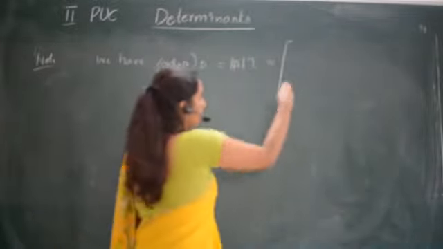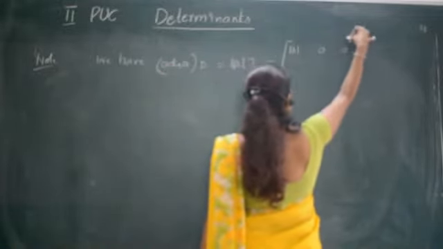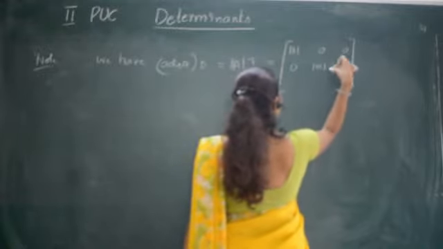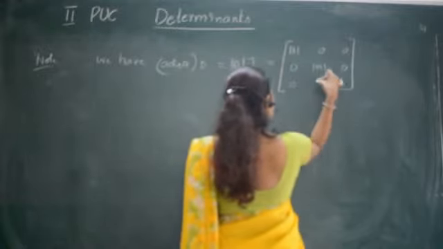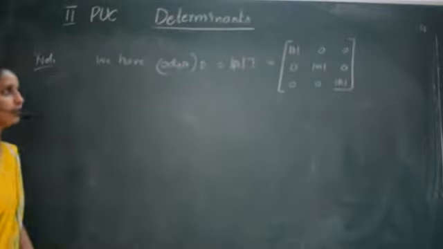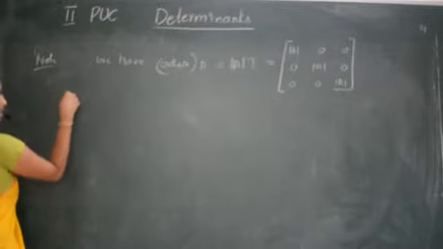So I can write it as a matrix with determinant of A on the diagonal and 0 elsewhere. We have proved this result.